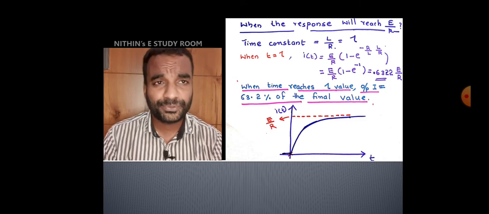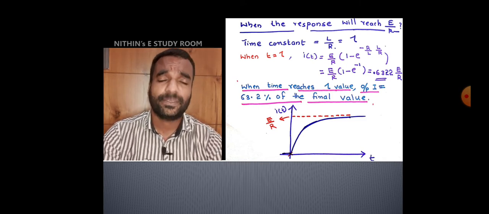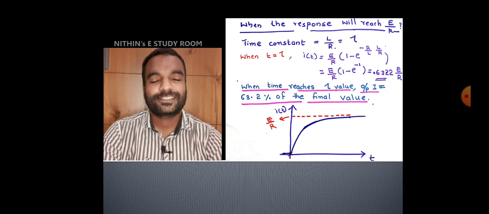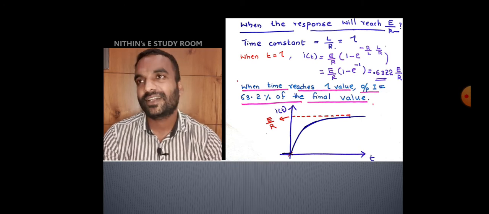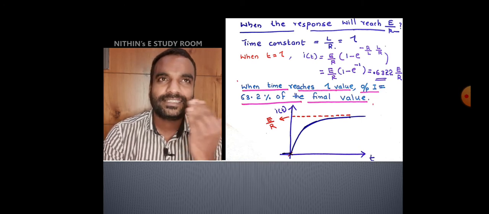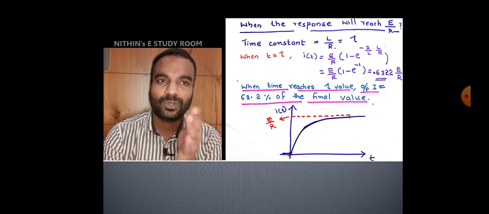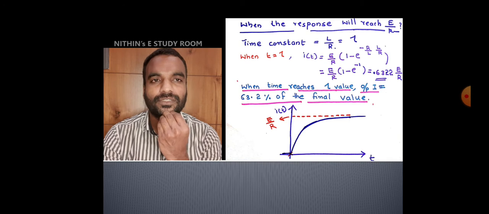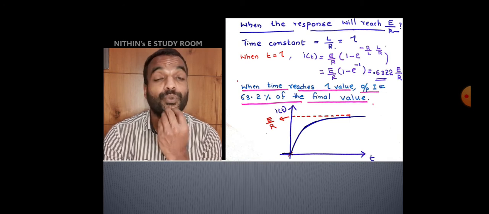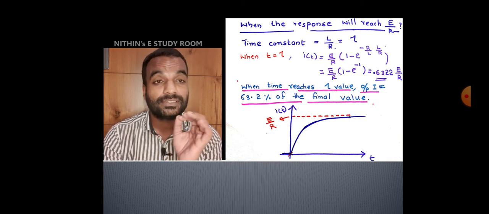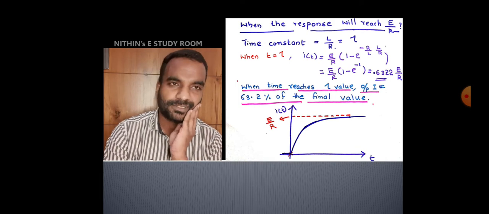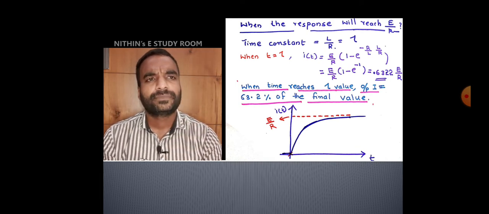So I am asking, when will the response reach E by R, the final value? The mistake was that I thought I had delivered all these concepts in the last class, sorry. So time constant was not introduced to you up to this moment. So this is the moment where you are going to learn time constant. So no problem. Come on.